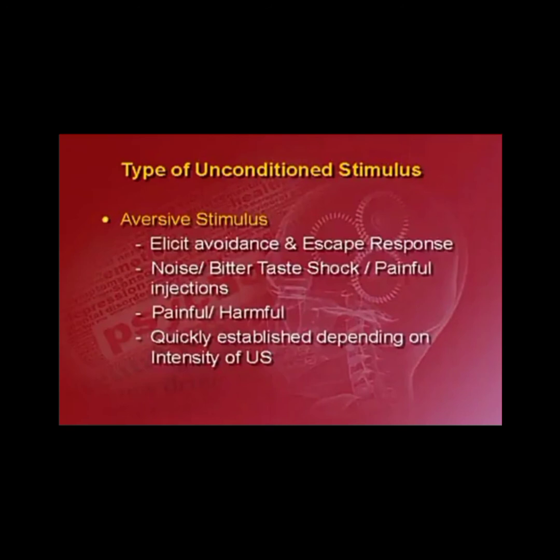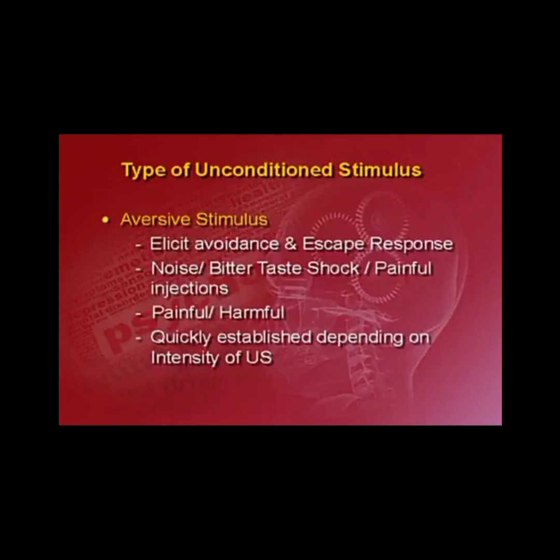Okay, now the third point is intensity of the conditioned stimulus. The more intense the conditioned stimulus, the more effective it is in getting the conditioned response. In other words, a fewer number of trials will be required if the intensity of the conditioned stimulus is more.